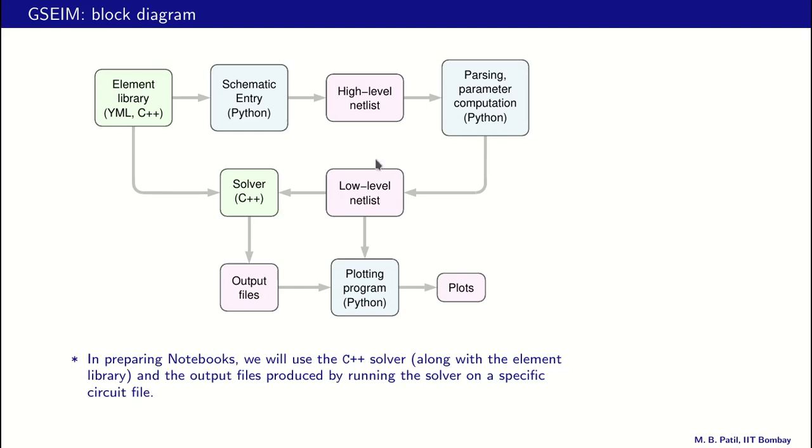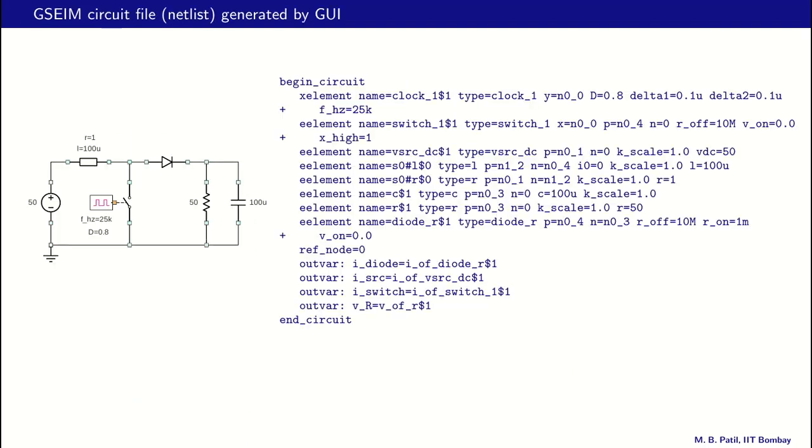And the question, of course, is why are we not using that circuit file or netlist generated by the GSEIM GUI? So let us see the reason behind that. What we see here is the circuit diagram as entered in the schematic capture GUI of GSEIM, and on the right hand side we see the corresponding netlist or circuit file.